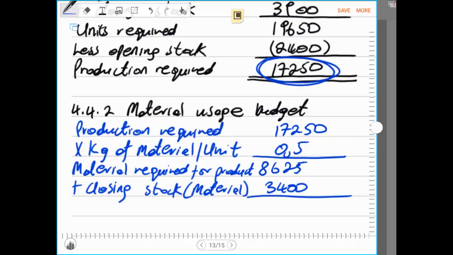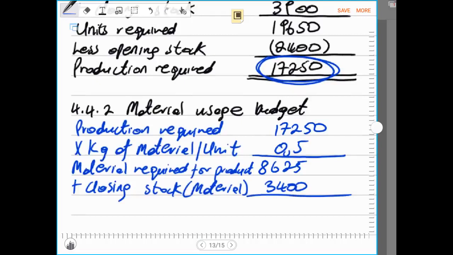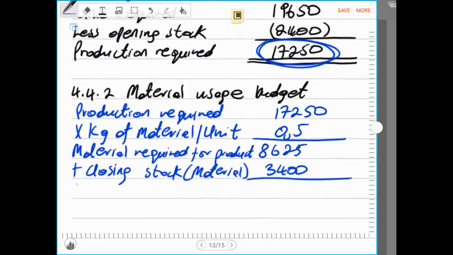Then that will give us the total material requirements, which is the total material that we require.